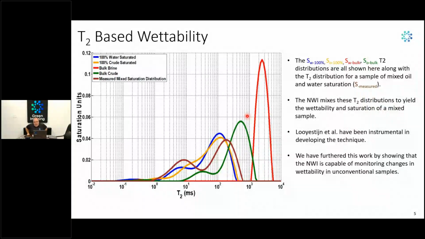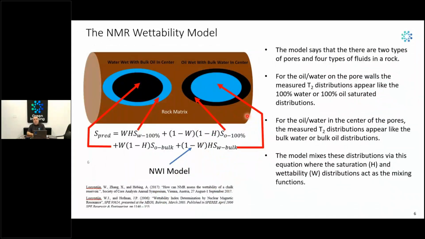Well, the model at its most simplest says that there are two types of pores in a sample. There are pores that are wetted by water, and there are pores that are wetted by oil, shown in this figure here. So the consequence of that is there are four different types of fluid in any core sample.